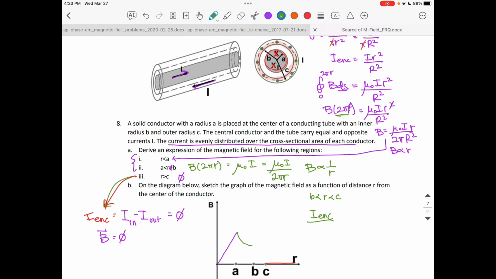That would be pi little r squared minus pi b squared, because that's the full inner part. That's equal to the full I of that tube, which is pi c squared minus pi b squared.